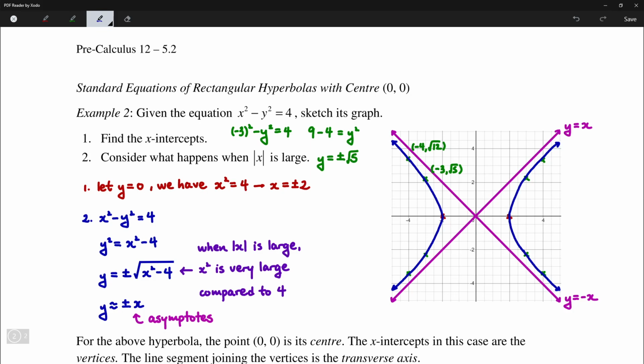Okay, so notice here the point negative 2, 0 and the point 2, 0 are where the curve changes direction. So those are called vertices. So each one is a vertex. So there's a vertex to the right and a vertex to the left.